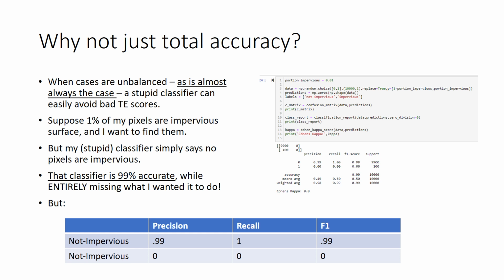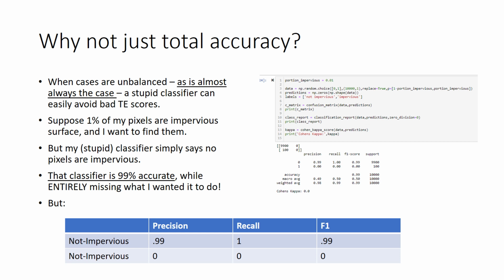Let's say I've got a raster and I want to try to predict which pixels in my raster are impervious surface. Think in your mind of what a satellite photo looks like. Maybe it's multiband, maybe it's just RGB. I've got an image of a place and I want to predict which of those pixels are impervious surface. In almost any non-super urbanized area, if you take Blacksburg for instance, most of those pixels are not going to be impervious, right?